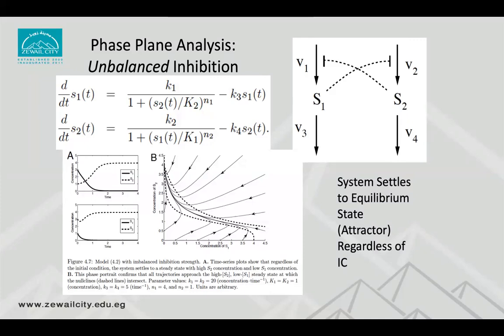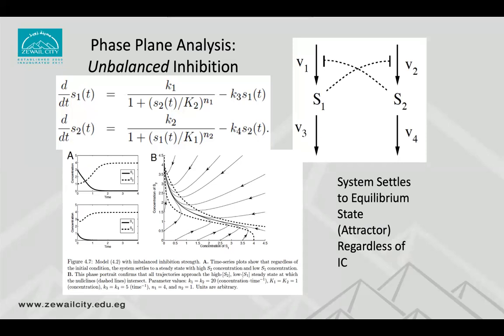So, getting back to the system, now we're going to start out choosing our parameters so that we have unbalanced inhibition. In other words, the inhibition of one is stronger than the inhibition of the other. So we're going to set little a1 equal to little a2, and we're going to set big A1 equal to big A2.